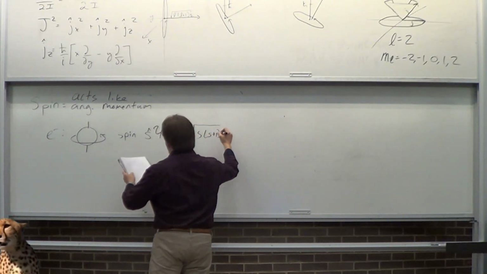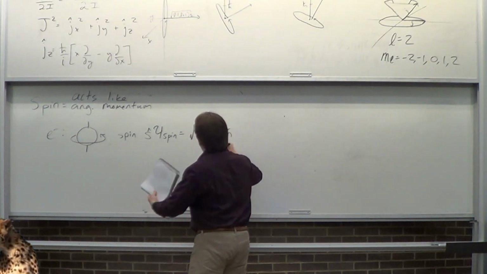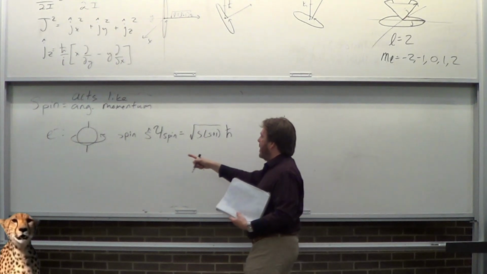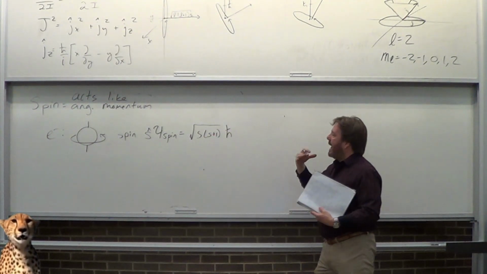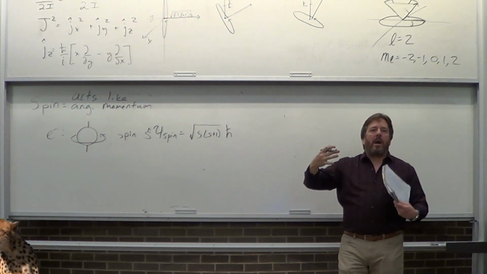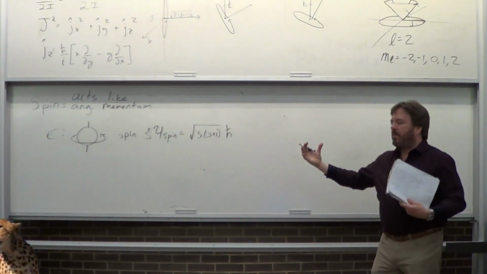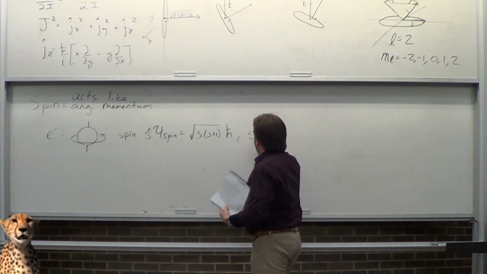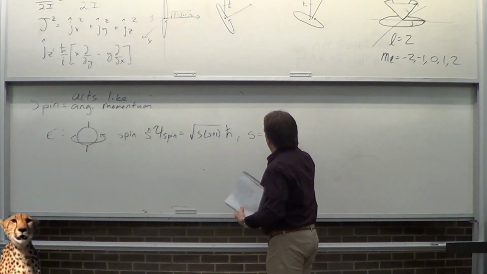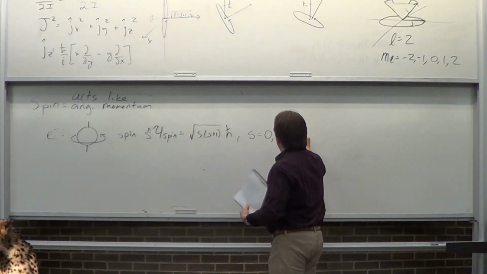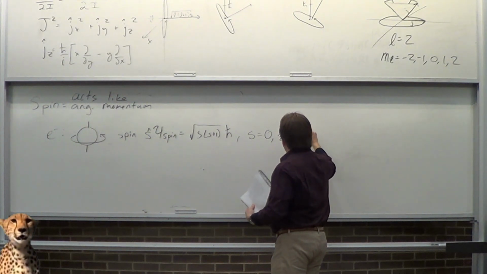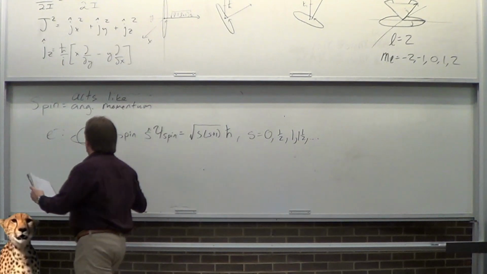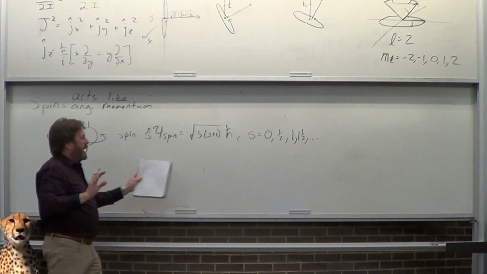So of course S squared would be like the energy, but anyway, the angular momentum is just like L, where the result is square root of L times L plus 1 times h bar. Spin is S times S plus 1. S tends to be 0, half, 1, 1.5.